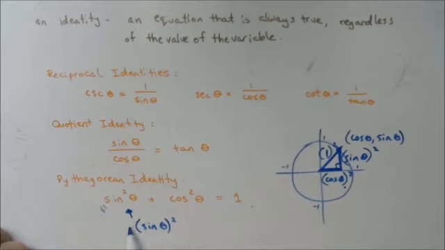So they said, okay, instead of writing it like this, which would be just fine, let's write it like this. It's just easier. This is the square of the sine of theta, which makes this the square of the cosine of theta. Keep that in mind as we work through.